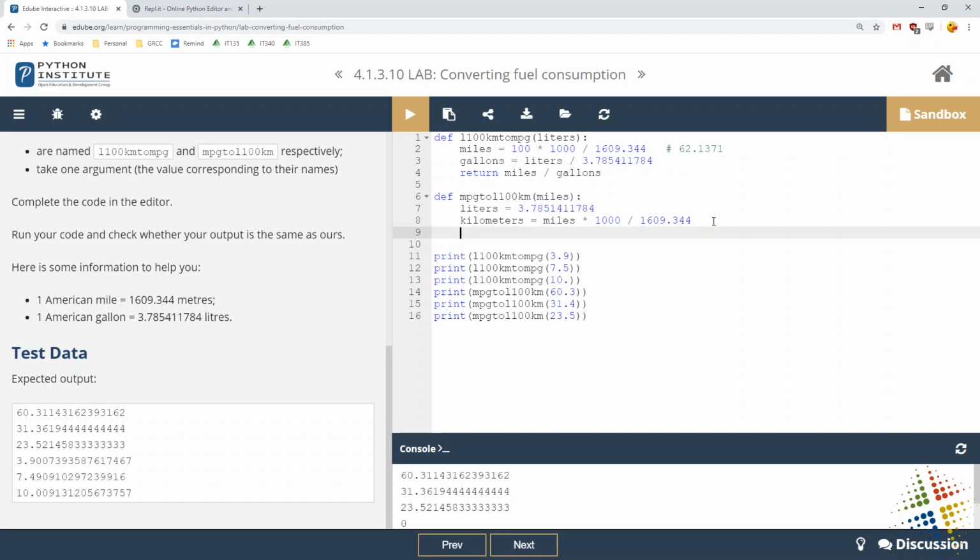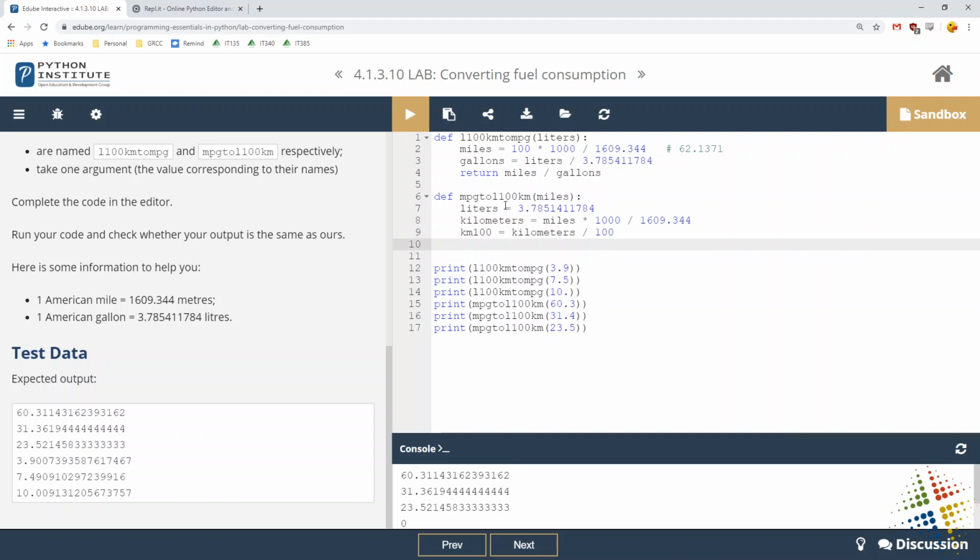So if that was how many kilometers I went, I actually need to determine how many 100 kilometers I went, which should mean I should be able to divide that number by 100. So I should be able to do a km100 variable, or 100 kilometers, which would equal my kilometers divided by 100.